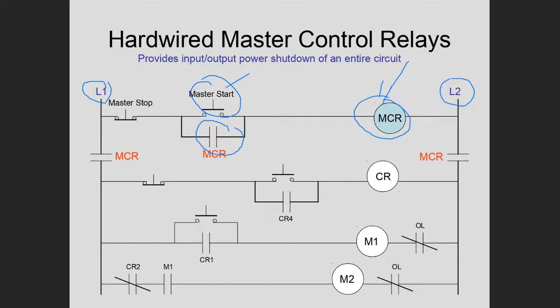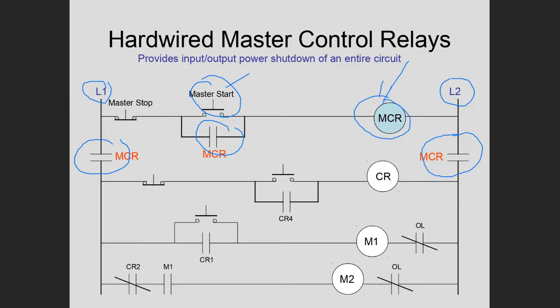And basically if we think of current flow and not logic flow, we just think of current flow for right now. Current's going to flow from left to right. It's going to flow from L1 to L2. Well, in order for that to happen, these vertical contacts have to be closed.